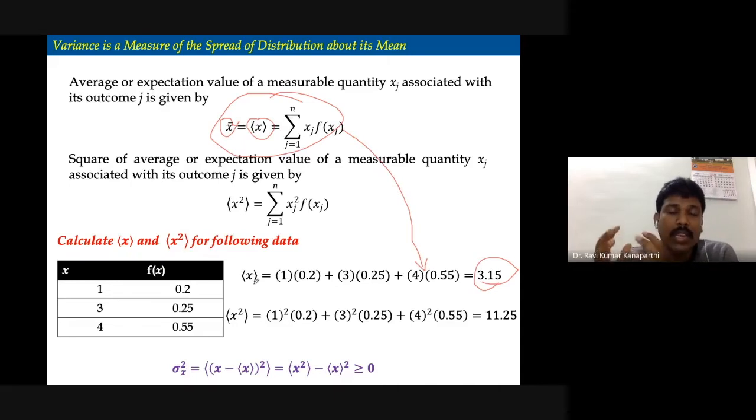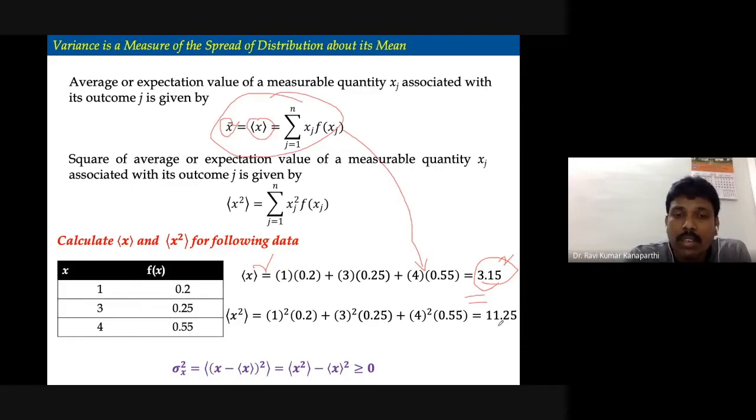Suppose you evaluate the expectation value or the average value and then take the square of it, it becomes less than that, maybe 9 point something, right? And here it is the expectation value of the square of x, which is actually 11.